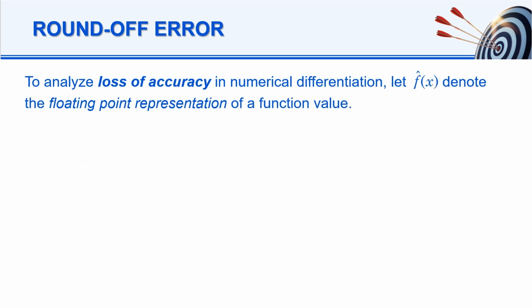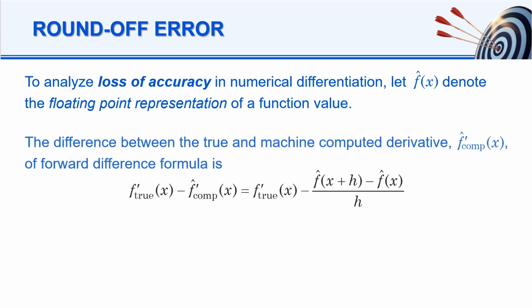To analyze loss of accuracy in numerical differentiation, let f-hat(x) denote the floating point representation of a function value. The difference between the true and machine-computed derivative, f-hat'(x) computed, of the forward difference formula is written as follows.